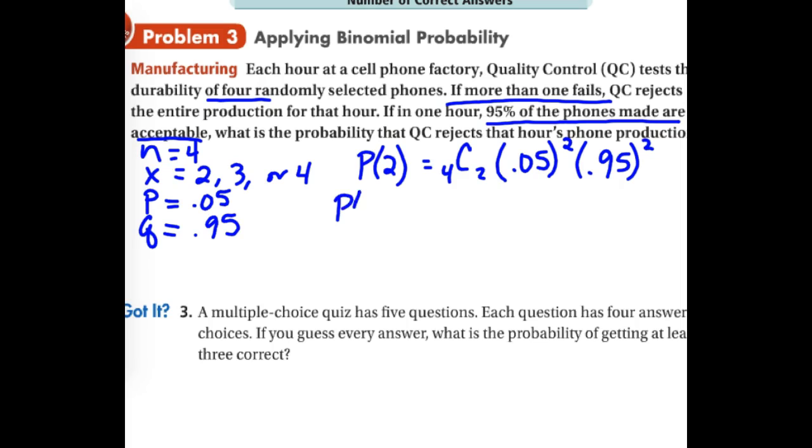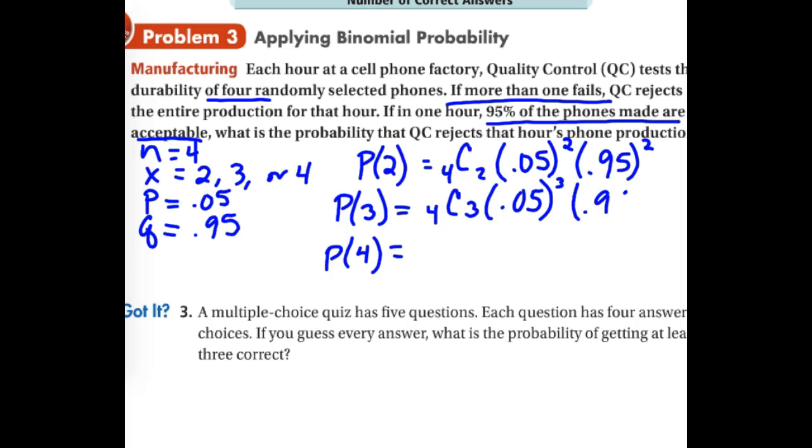What about the probability of 3? We'll go back and do our calculations after we get these all set up. So this would be 4C3. 5% chance that the phone doesn't work, and we want 3 phones to not work. 95% chance that it does work, and we want 1 of those.